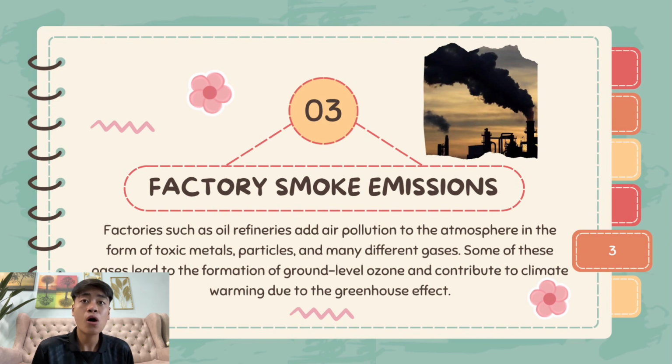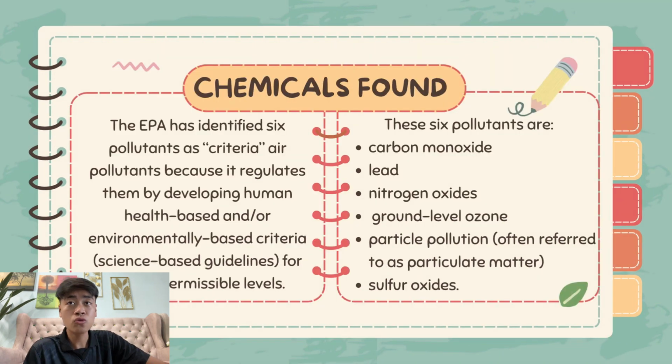Factories such as oil refineries add air pollution to the atmosphere in the form of toxic metal, particles, and many different gases. Some of the gases lead to the formation of ground level ozone and contribute to climate warming due to the greenhouse effect.